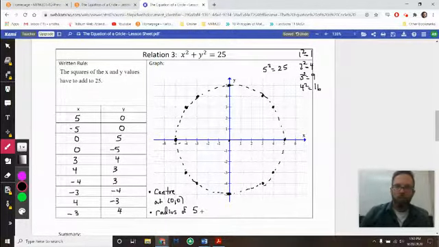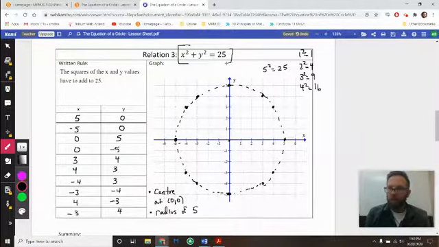So what we'd like to move towards today is being able to recognize that equations like this give you circles, and that from the equation, there are some properties that you can get about the circle, namely its center and its radius. So let's continue, guys.